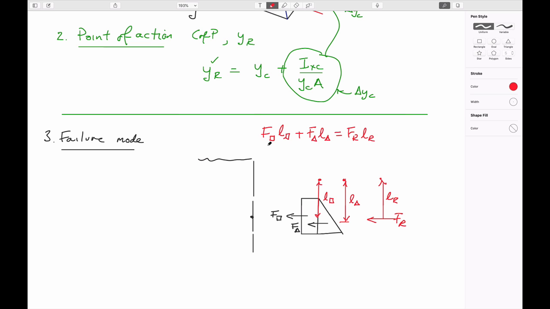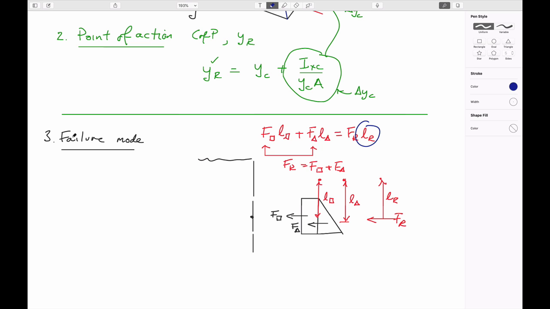From these two, this force and this force, we certainly know that the resultant is equal to the sum of those two. So we can always calculate that because we know what each of those are individually. And so the only thing that we don't know in this particular case is this lever arm. So we can always solve for the lever arm if we do that.